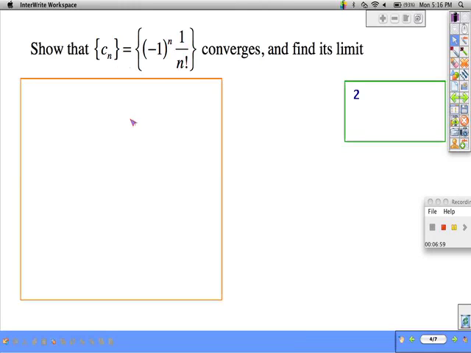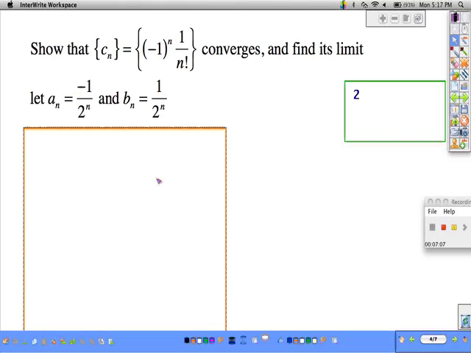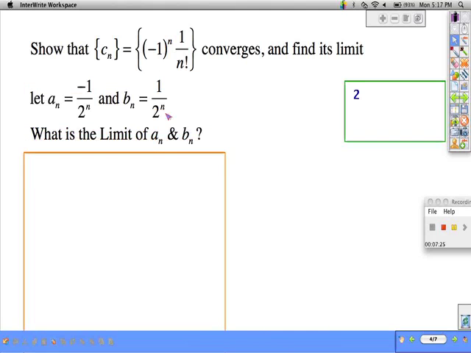And what we want to do is compare this to two other functions that approach the same value. -1 over 2 to the n has a limit of 0, and 1 over 2 to the n has a limit of 0.